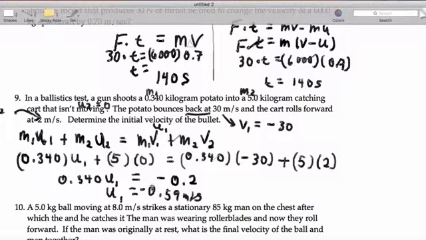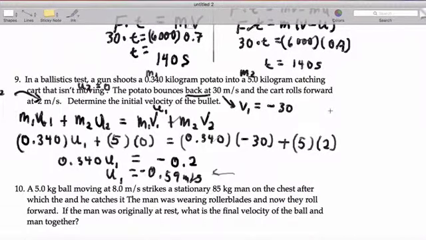I borrowed this problem and the numbers are correct, but I think this might actually be a technically wrong problem. Go with these numbers. It's correct, but physically I'm having trouble understanding how this one would make any sense. So that is it for problem number 9.